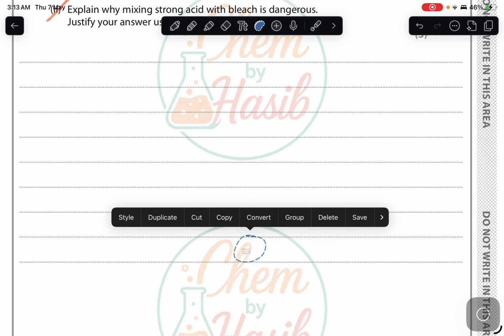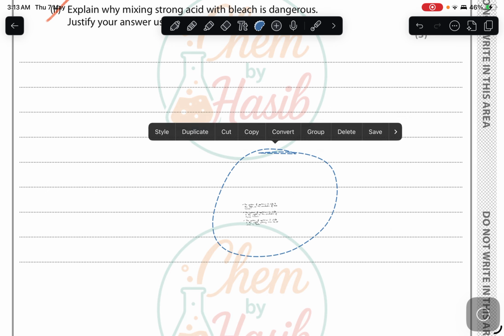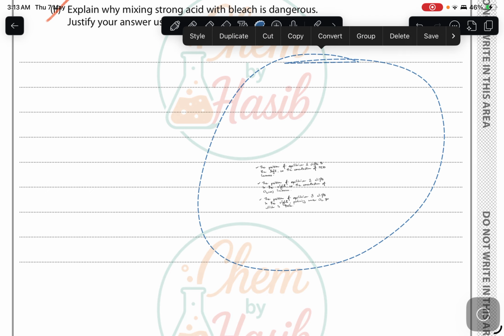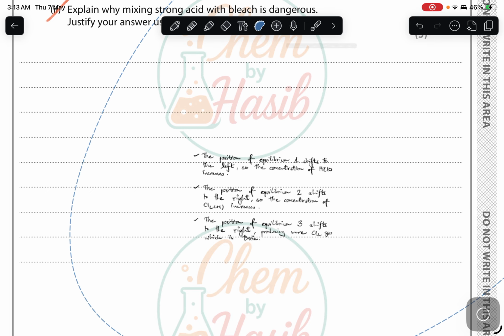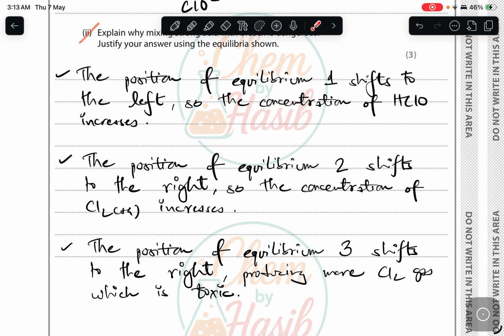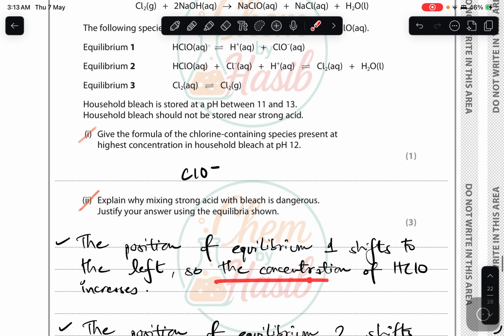It's a very good question. So this is how you should write the answer. This is a very good answer. It says the position of equilibrium 1 will shift to the left, so the concentration of HClO increases.